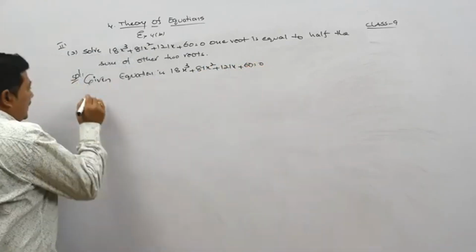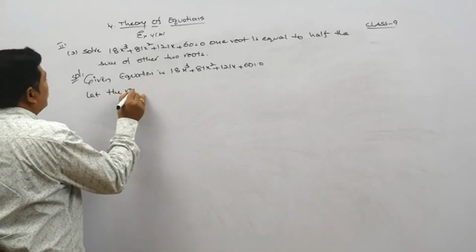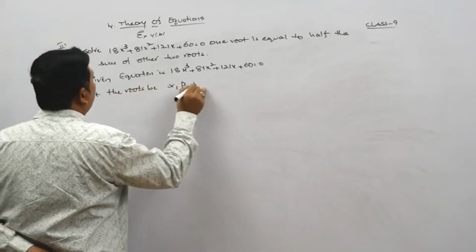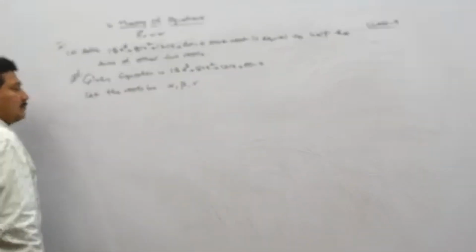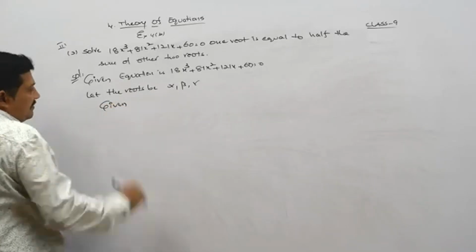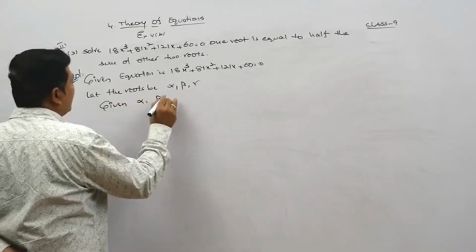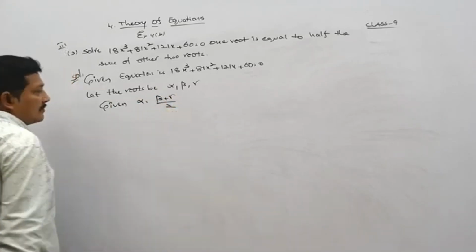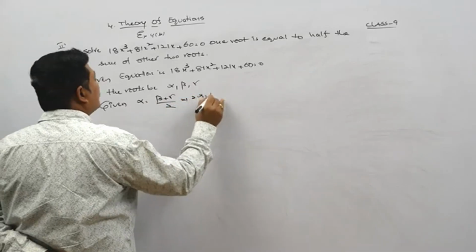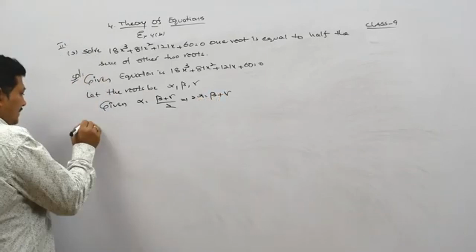Let the roots be alpha, beta, gamma. A third degree equation will have 3 roots. Given alpha is equal to beta plus gamma by 2. Now doing cross multiplication implies 2 alpha is equal to beta plus gamma.